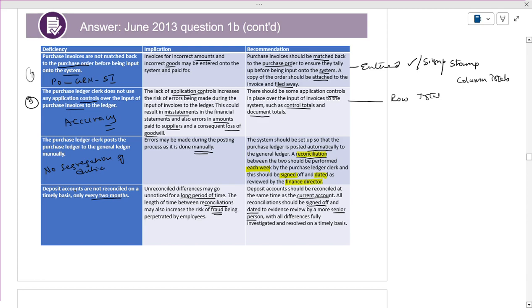Any differences should be investigated and resolved on a timely basis. Whatever is happening, you have to sign off, you have to date, and it should be the person who is authorized to do this.